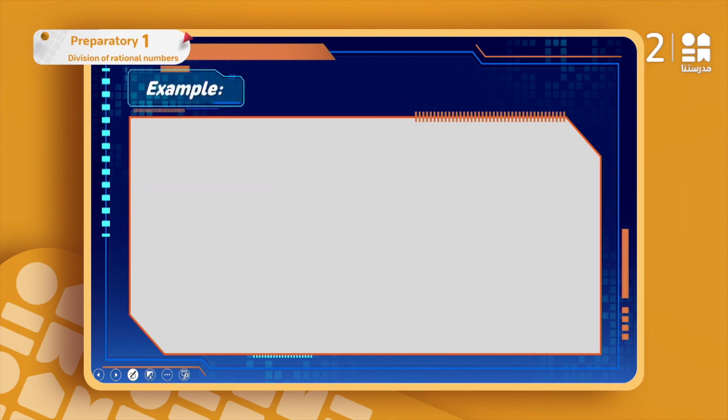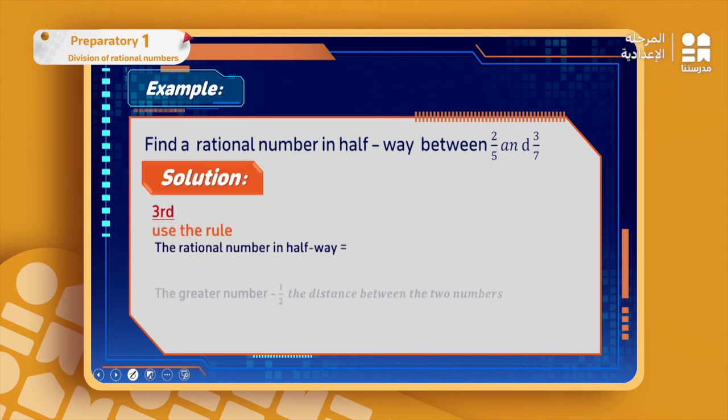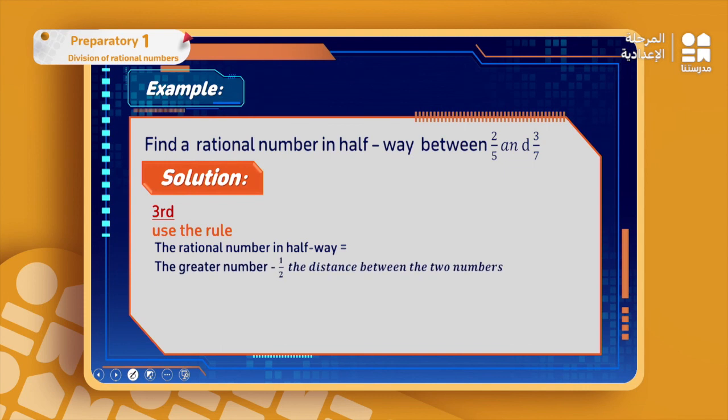And the third is step 4. Use the rule. The rational number halfway is equal to the greater minus half the distance. I picked the greater minus half the distance. So the greater was 3 over 7 minus half the distance. Half as it is. The distance was 1 over 35. So let's multiply those. 1 and 1, 2 times 35.